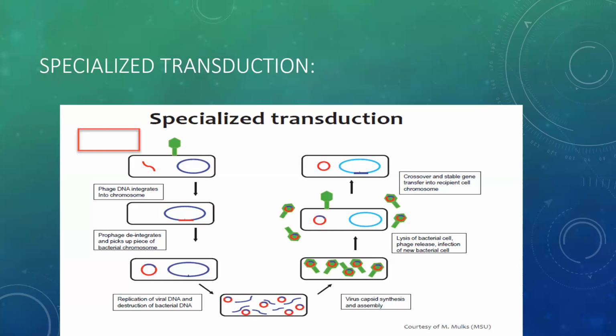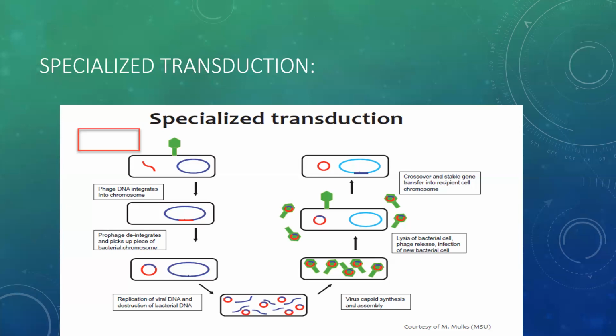It has been seen that sometimes the GAL gene might be incorporated into the phage particle. As I have said earlier, sometimes these phages have the ability to take some DNA, some genetic material, from the bacterial cell. They get incorporated into the capsid.